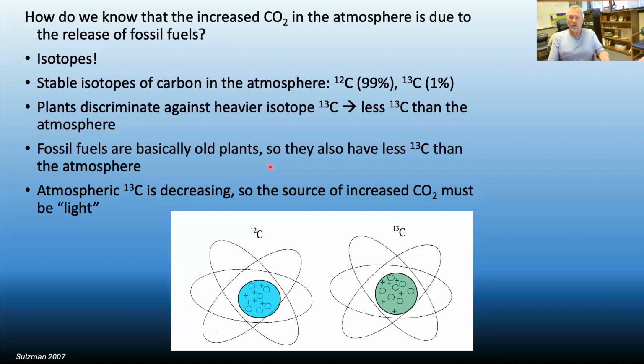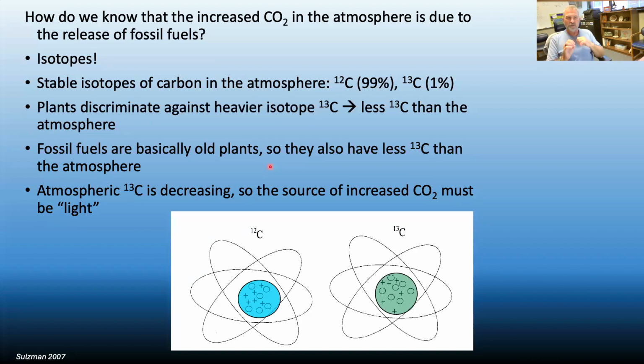So when we look at oil reserves and most fossil fuels, that's primarily plants because of the number of plants relative to animals on the earth. They typically have less carbon 13 than what you'll find in the atmosphere. And so what we're finding is that the atmospheric carbon 13 is decreasing.